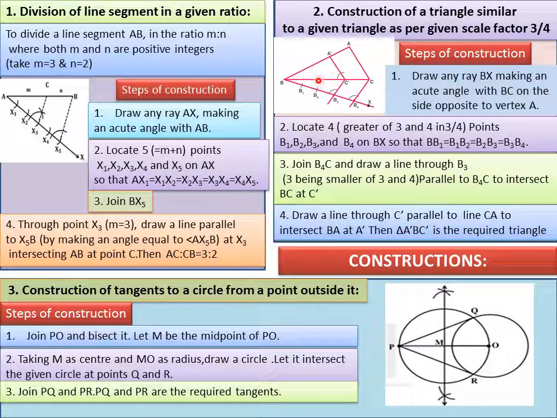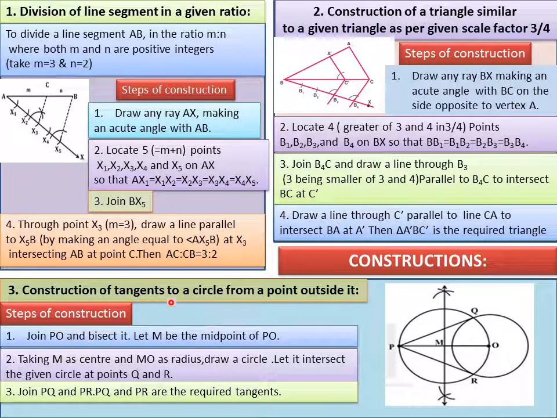So once that is done, we now have two triangles which are similar to each other in the given scale factor. We have the first given triangle ABC, and the next triangle is BA'C', which is in the ratio 3:4. The two sides are cut in the ratio 3:4. So this is how we get a second triangle which is similar to the first triangle ABC.